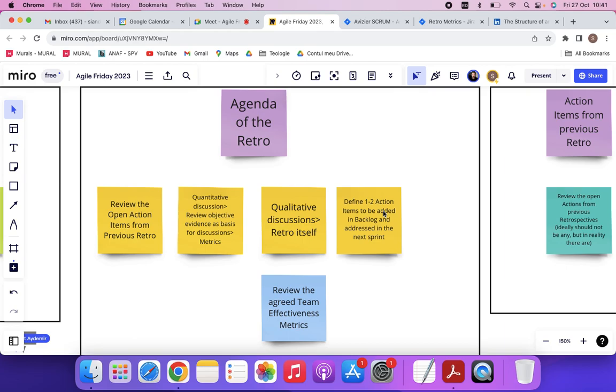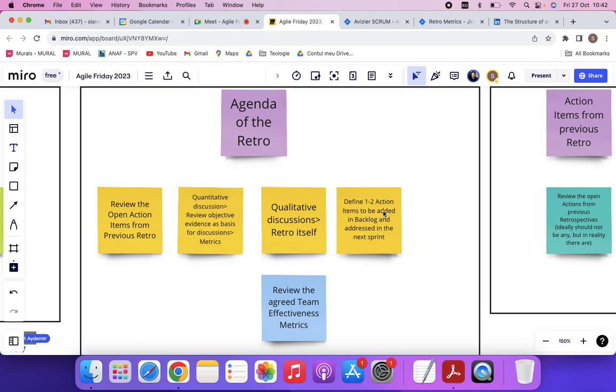I was coaching several teams, and actually they didn't have a Scrum Master. I was initially the Scrum Master, but because I collaborated with so many teams, I had to step back. And as you mentioned, I facilitated the event, I facilitated the discussions, but they were owning the actions.